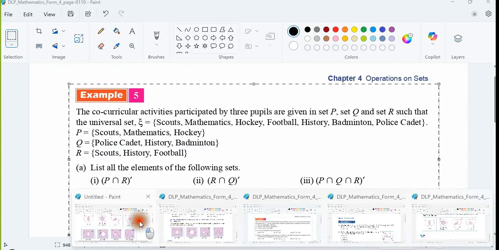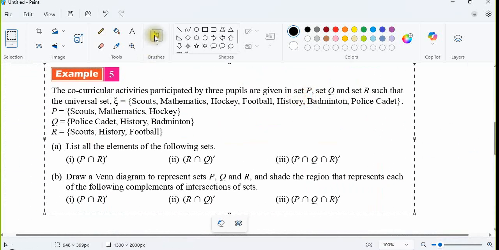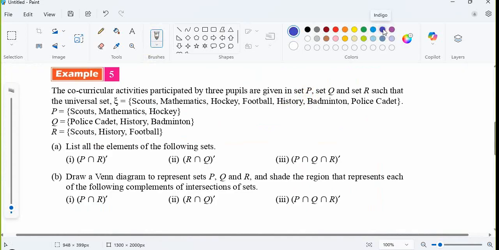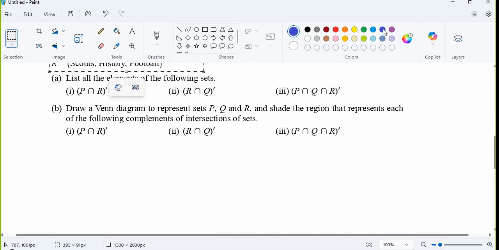Next, we look at example number 5. The co-curriculum activities practiced by three pupils are given in sets P, Q, R, and the universal set is this, and then P, Q, R is this, and the question asks us to list all the elements of the intersection.